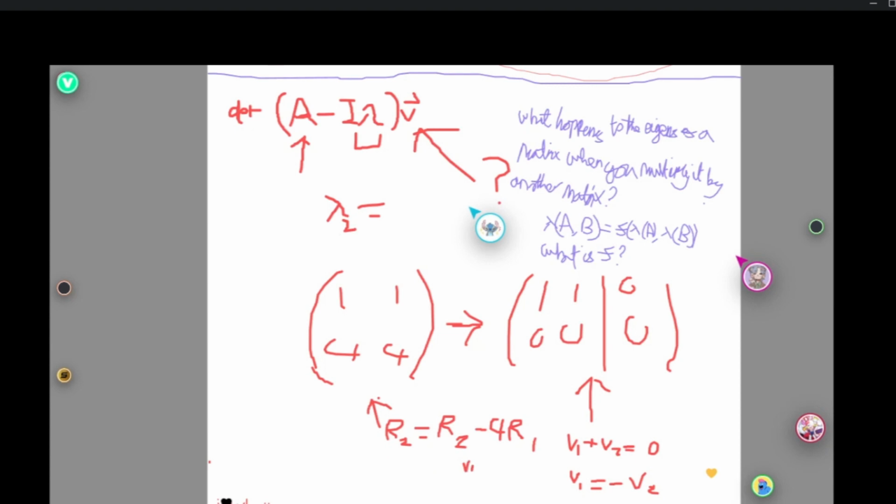So let's just take v1 to be 1 because that's easy. So we have officially figured out, for a lambda value, so for the eigenvalue of 1, a vector can just be 1, minus 1, basically. So yeah, that's a complete dissection of a 2 by 2 matrix.